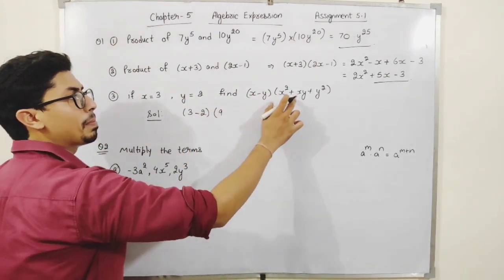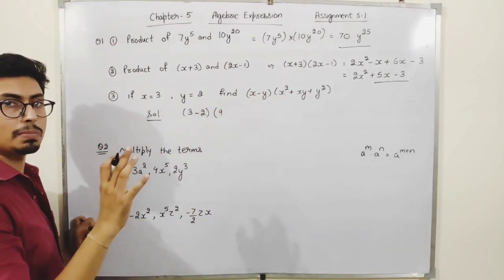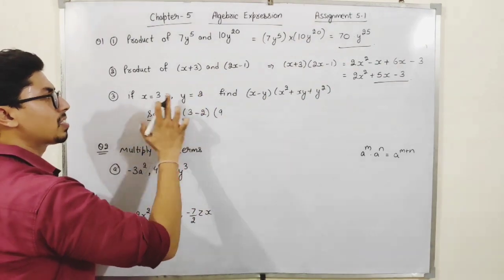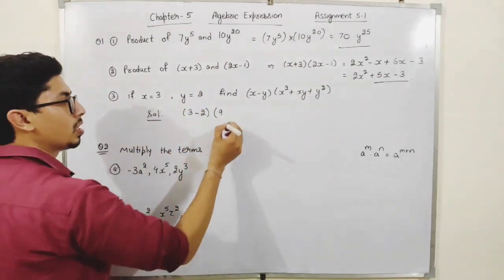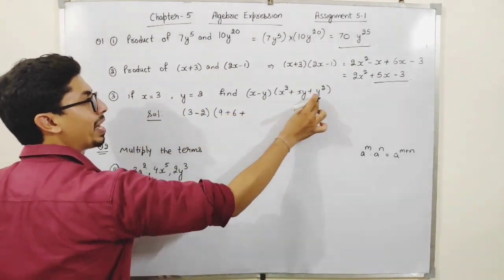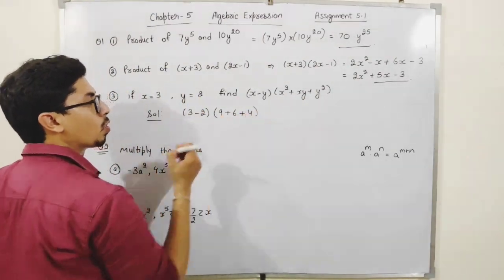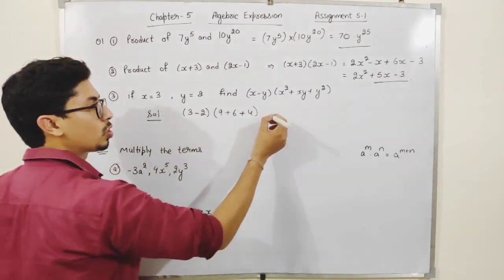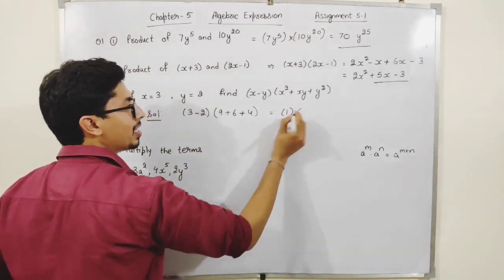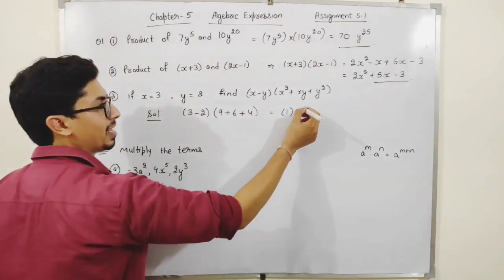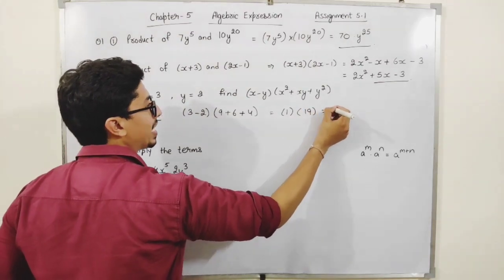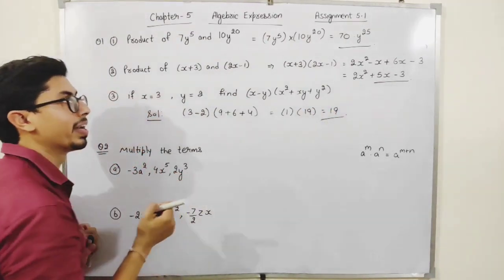Now x and y multiplied: 3 into 2 is 6. y square: 2 raised to the power 2 means 4. So 3 minus 2 is 1. This will be 10 and 19. So 1 into 19 is 19. So 19 is our required answer.